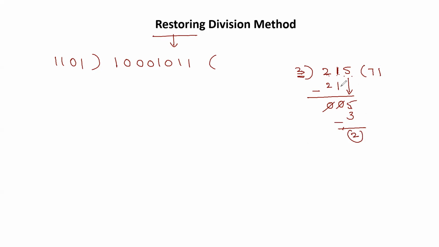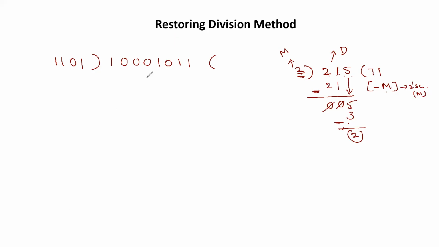Here you can observe that whenever we apply the negative sign, the divisor has a negative sign, so it becomes minus M. M is the divisor and D is the dividend. So when we apply the negative sign, M becomes minus M. Minus M does not mean the 2's complement value of M in the computer method. Similarly, here also minus M.